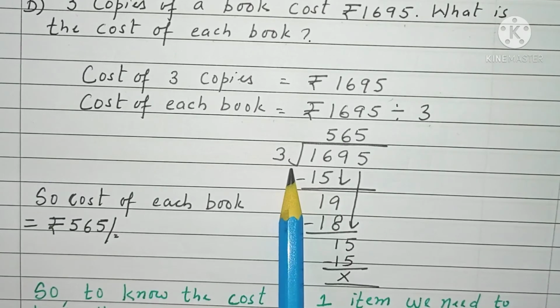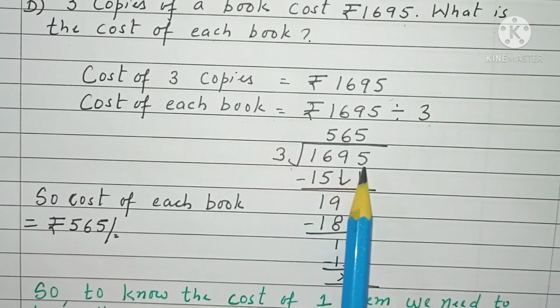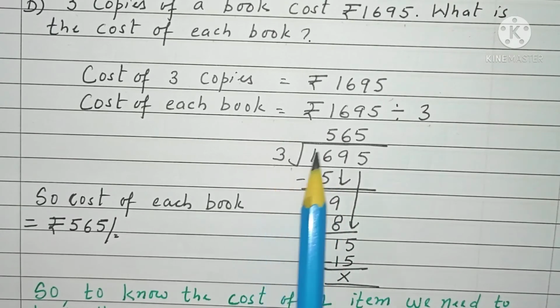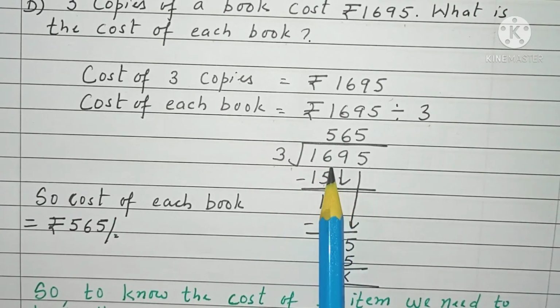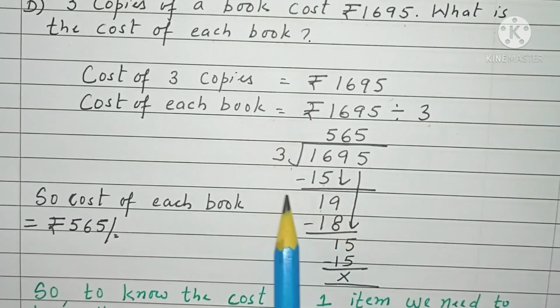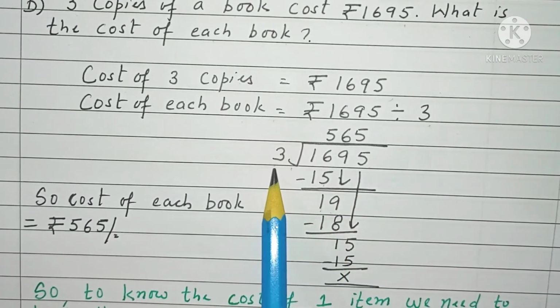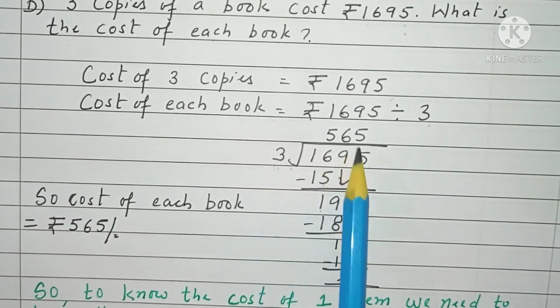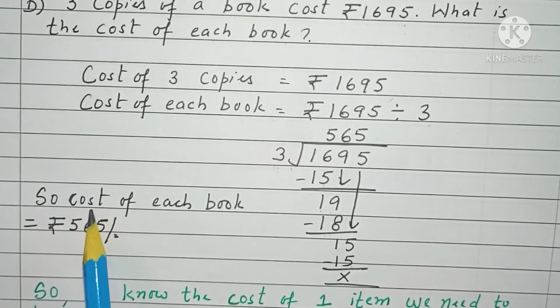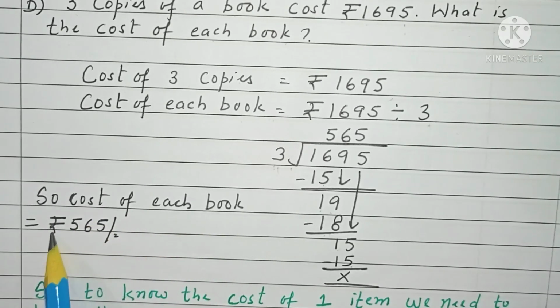So, making the division sum, 1695 divided by 3. First of all, look for 16. 3 5s are 15. 16 minus 15 is 1. Putting 9 down, we have to look for 19 in the table of 3. The smaller number than 19 is 18. So 3 6s are 18. 19 minus 18 is 1, making it 15. 3 5s are 15. So the cost of each book is rupees 565.